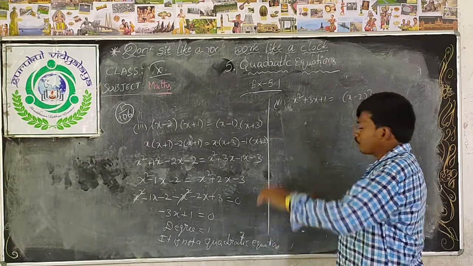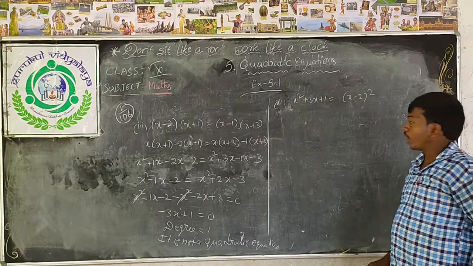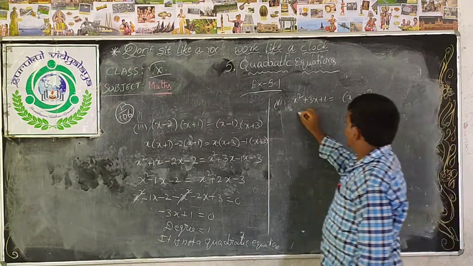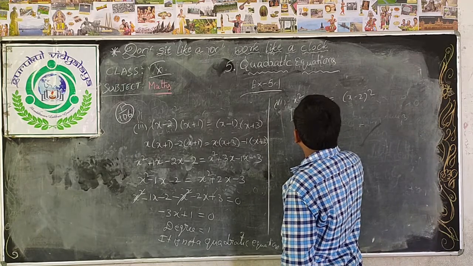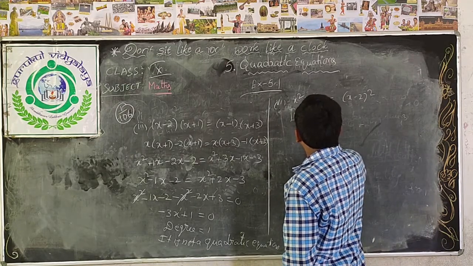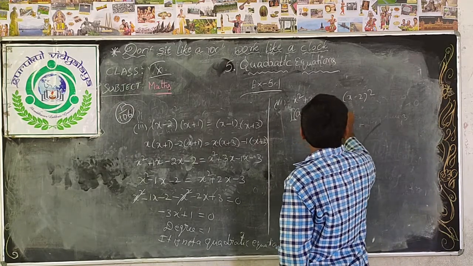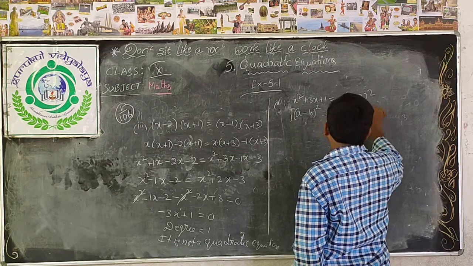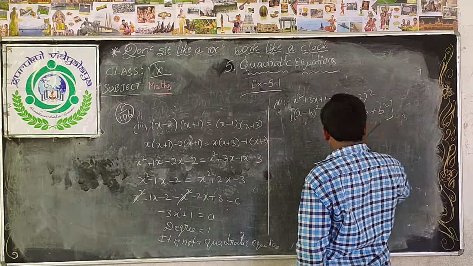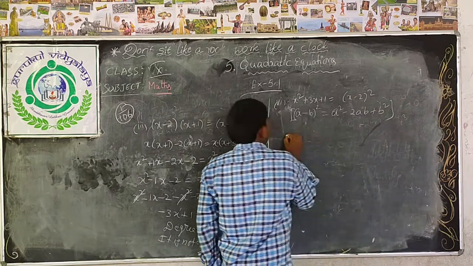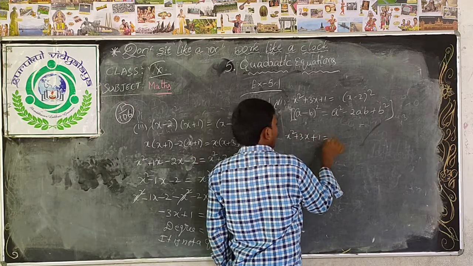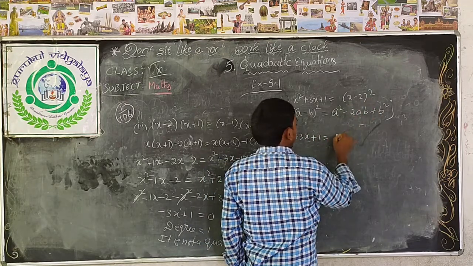So there is no need to simplify the RHS. a minus b whole square, so apply the identity. a minus b whole square is a square minus 2ab plus b square. Apply it. So x square plus 3x plus 1 is equal to a minus b whole square.